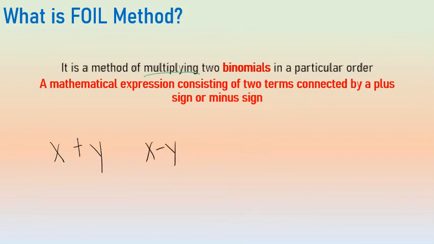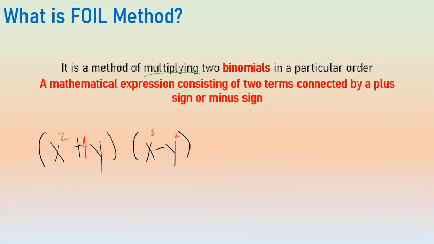Yan. So, ito yung mga example natin ng binomials. Okay? Anything, kahit ano yan class, x squared, kunwari, x squared, 4y, or x cubed, y squared, ganyan, anything, as long as it is two terms, dalawa.